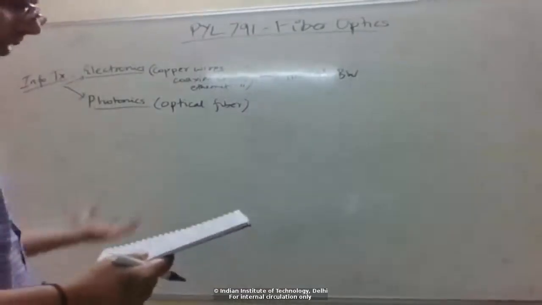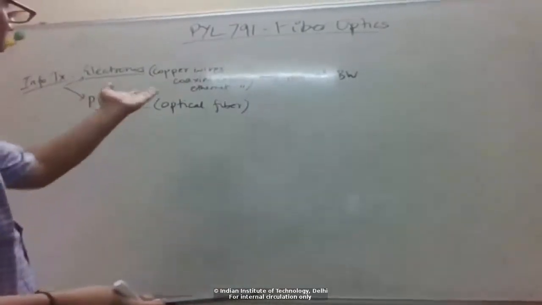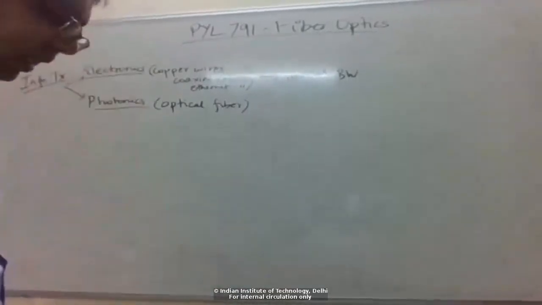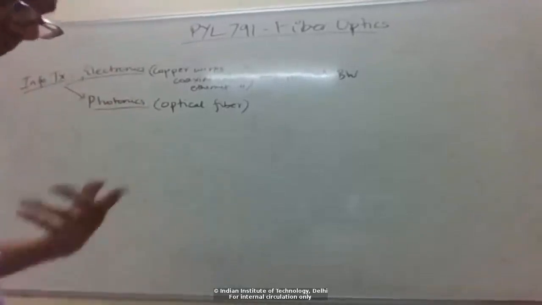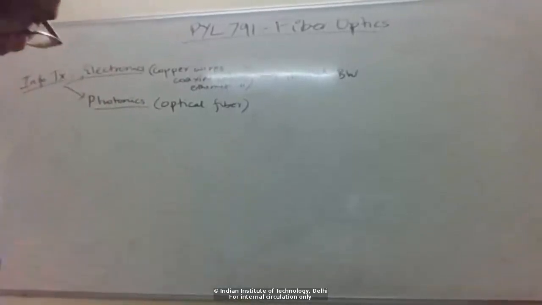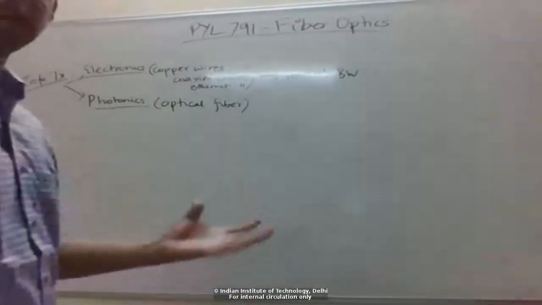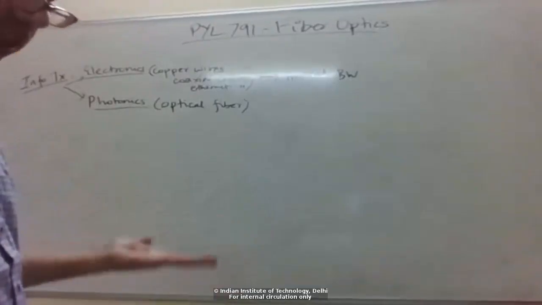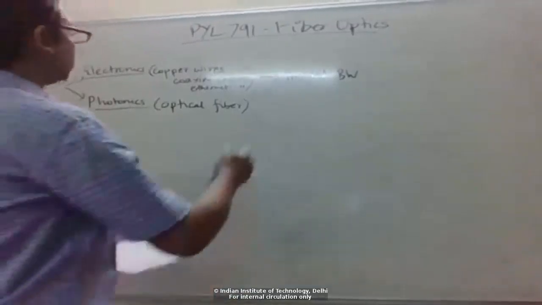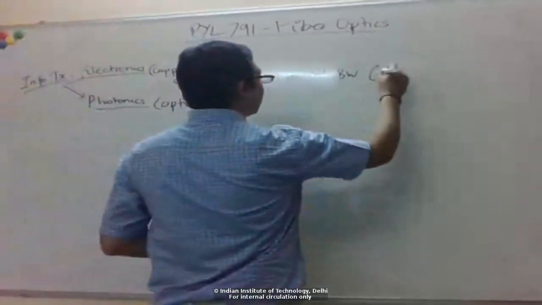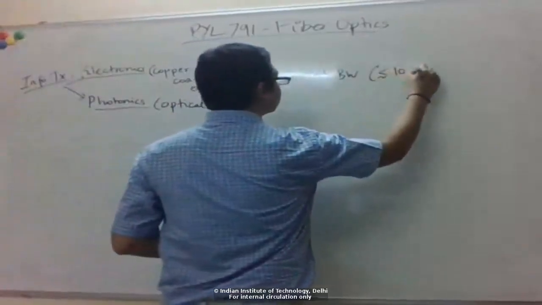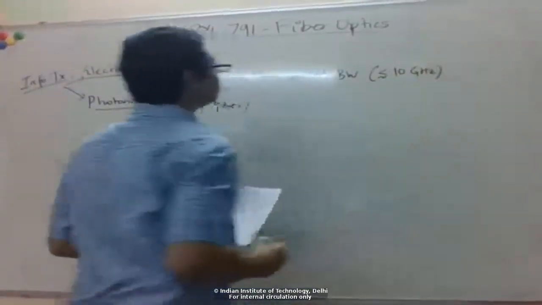And then slowly they were replaced by faster technologies, and then we moved to RF and microwaves, like the mobile phones, for example. But even there, because the carrier wave is limited to, let's say, gigahertz frequencies, the bandwidth here is at max maybe 10 gigahertz, right?